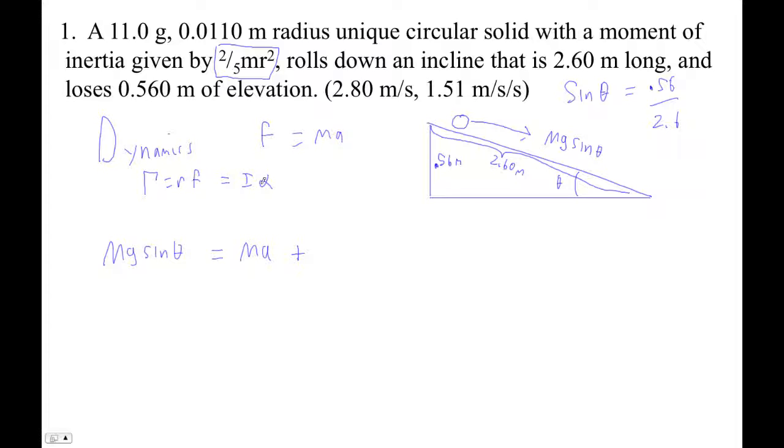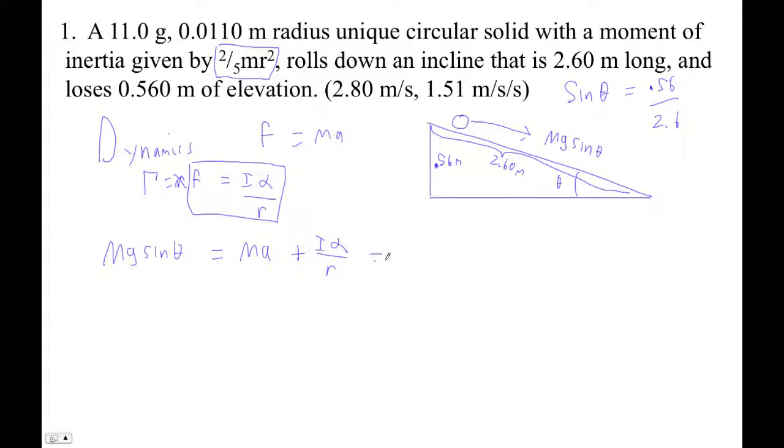So if I want to get F, I just take this I alpha and divide by R. So the force needed, the tangential force needed to make this thing accelerate rotationally. And this is why things will roll down a plane faster than they would slide without friction, which is interesting, simply because you have to rotationally accelerate it as well. So I alpha over R.